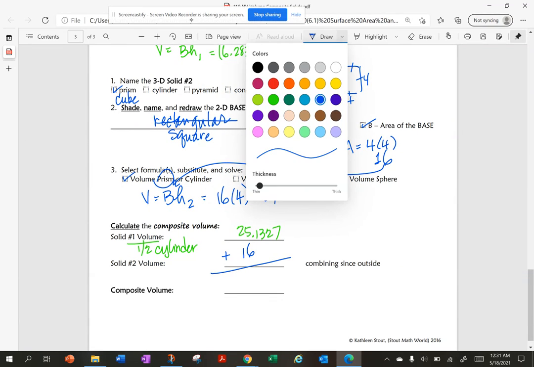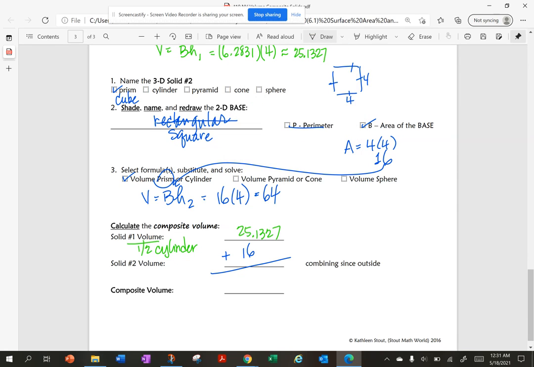So my composite volume is going to be 25.1327 plus 64. This is 64, not 16.